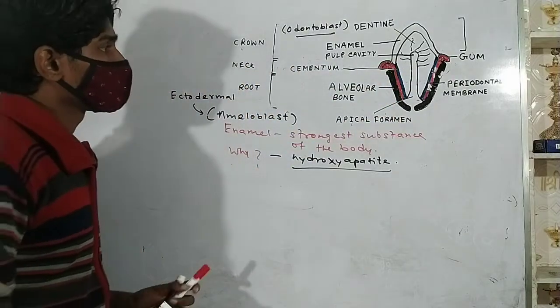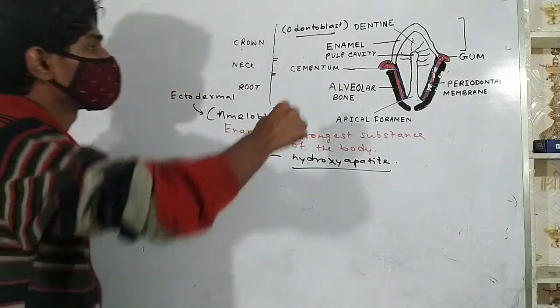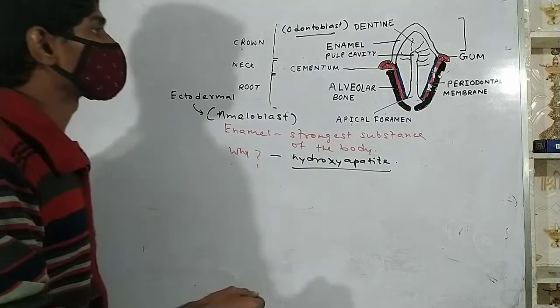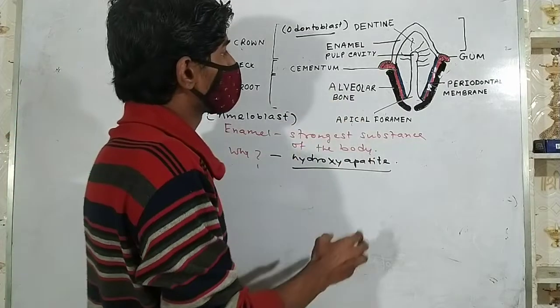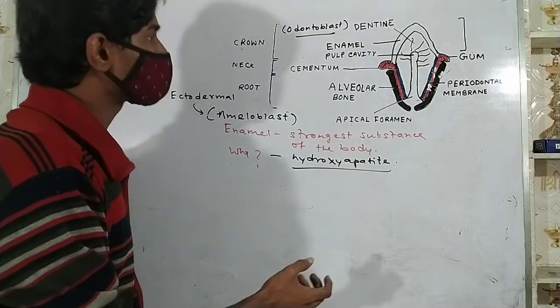Now let's talk about the pulp cavity. The pulp cavity is lined by odontoblast cells and it contains a mass of cells along with blood vessels and nerves.